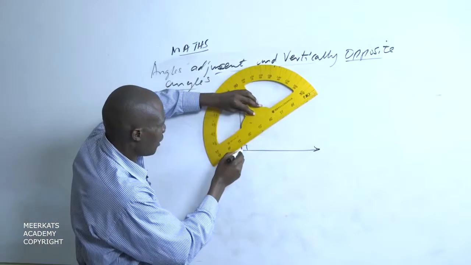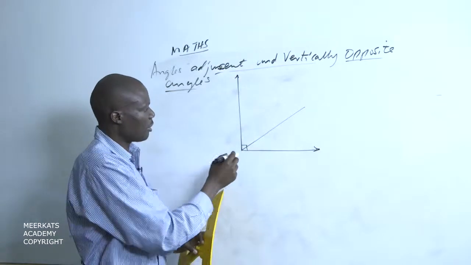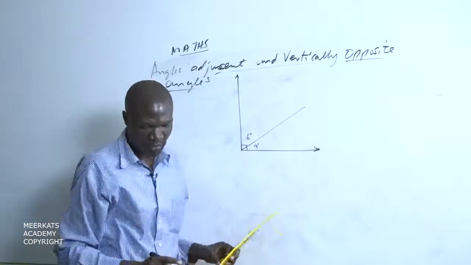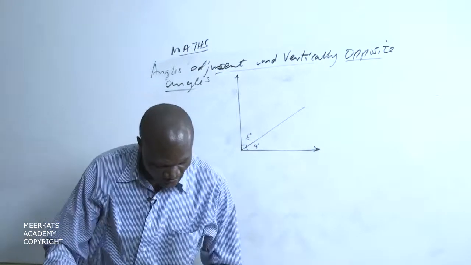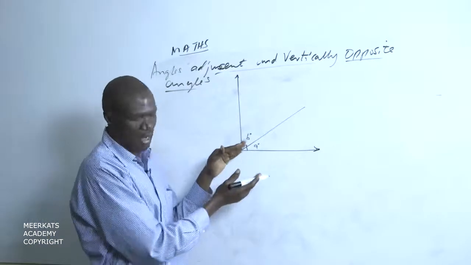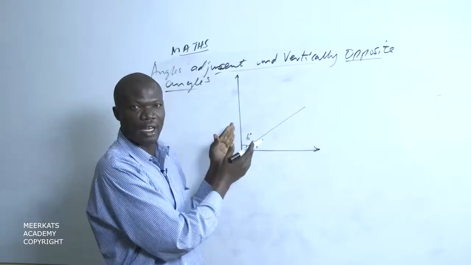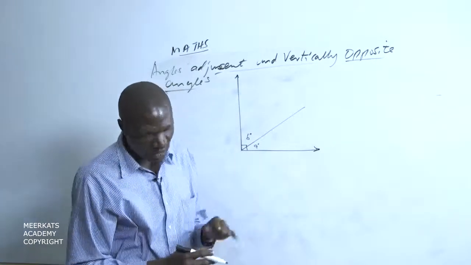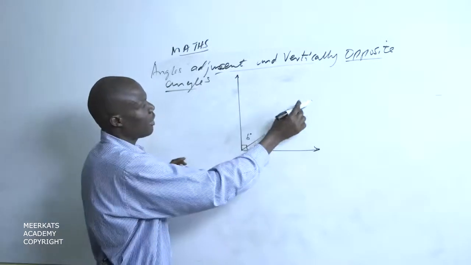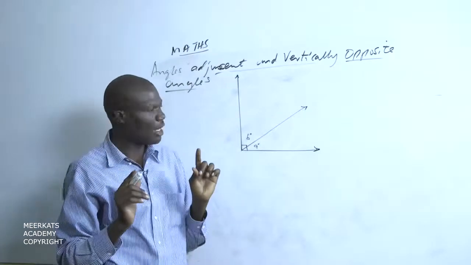So if we have an angle dividing the two, angle A and angle B, we find that adjacent angles are angles that are side by side, sharing a vertex and sharing one arm in common. So A and B are adjacent angles.